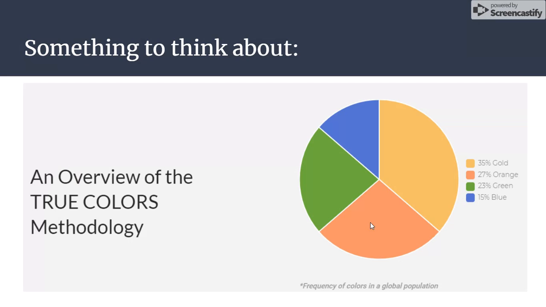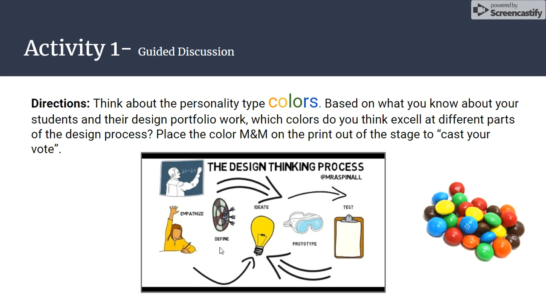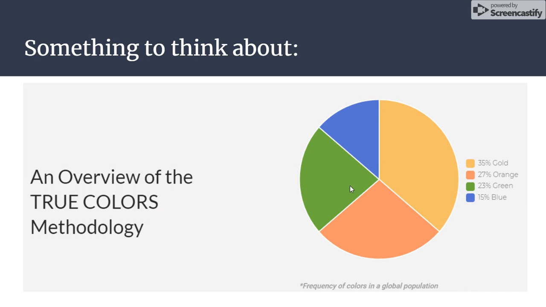In my teaching experience, different colors are good at different stages of the project, and other colors are hesitant to complete other stages. In terms of global population, the book says that 35% of people are gold, 27% are orange, 23% are green, and 15% are blue.